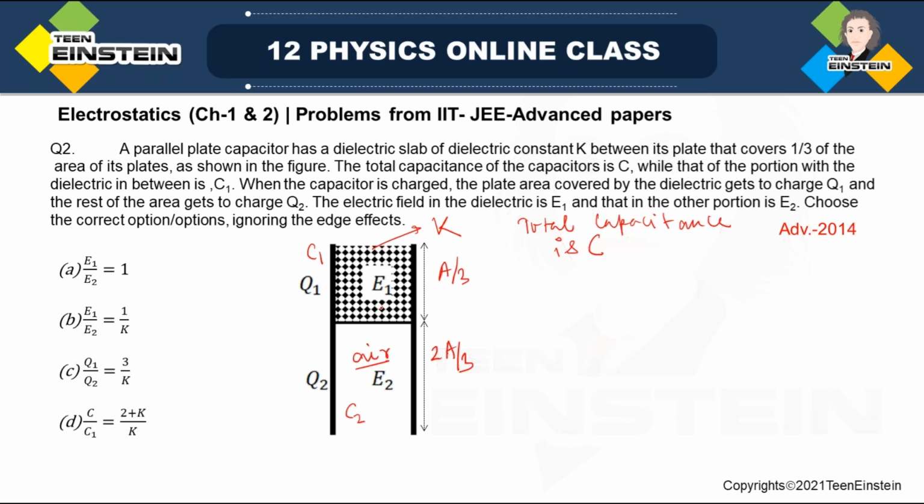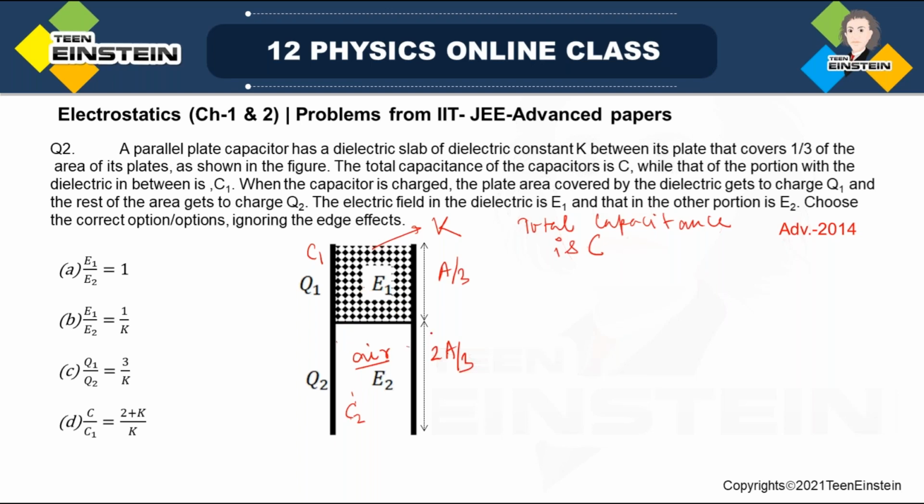First of all, let us see how we can think about this particular parallel plate capacitor. One thing is very clear, that there are two capacitors, one is C1, another one is C2. And this C1 and C2 are under the same potential difference.